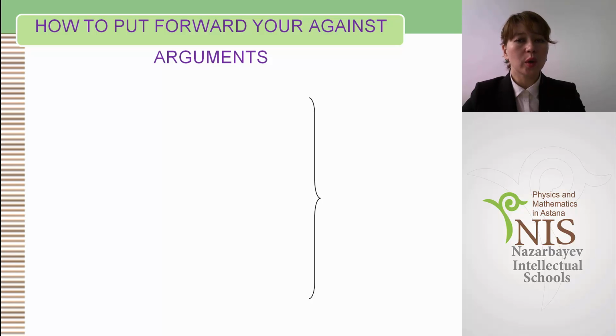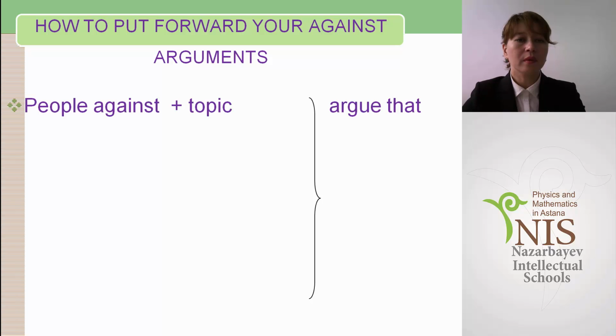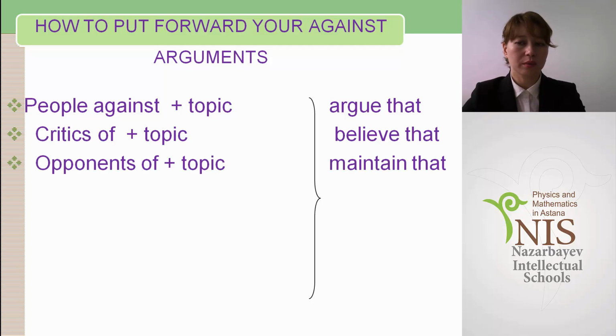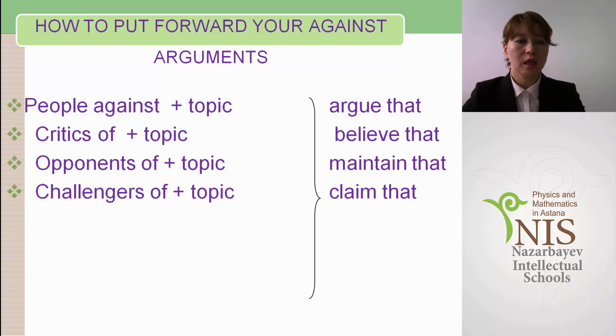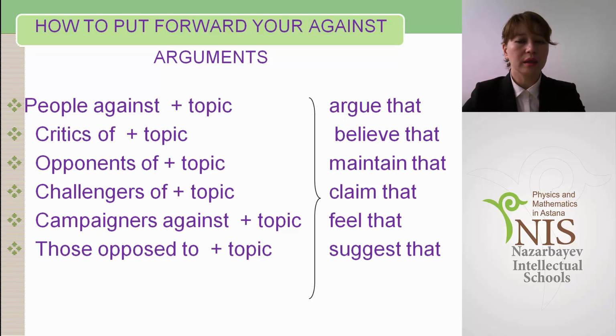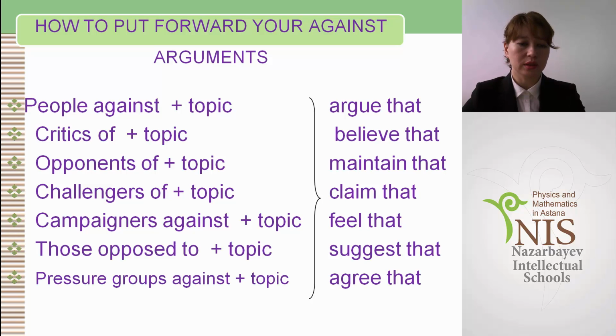How to put forward our against arguments. People against argue that. Critics of believe that. Opponents maintain that. Challengers claim that. Campaigners against feel that. The opposed to suggest that.